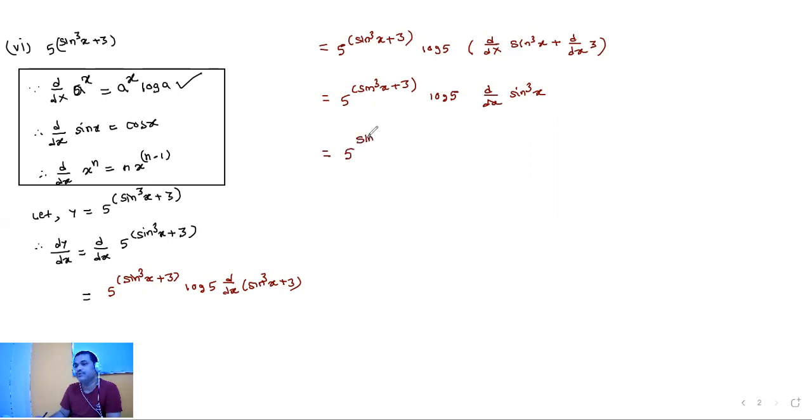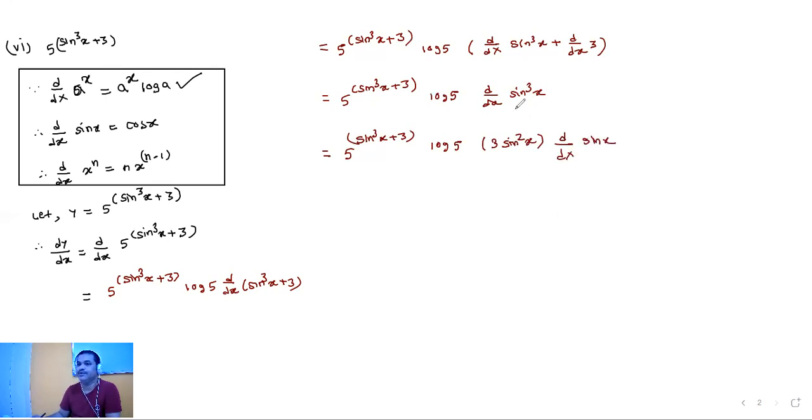Now if we solve it further, this will become 3 into sine square of x, and we take d by dx of sine of x.